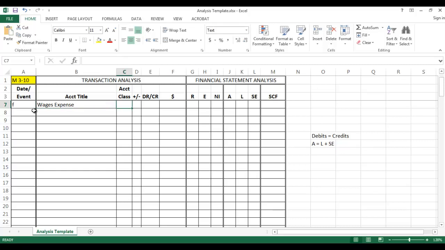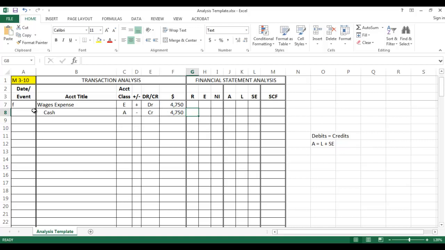So wages expense is a good enough title. That's of course an expense account. We're increasing it, so we need to debit it for $4,750 here. And we're paying in essence in cash. So we'll decrease our cash account with a credit by that same $4,750.